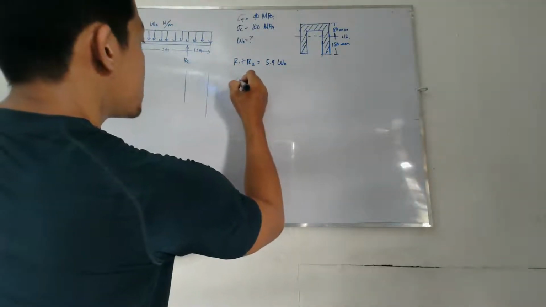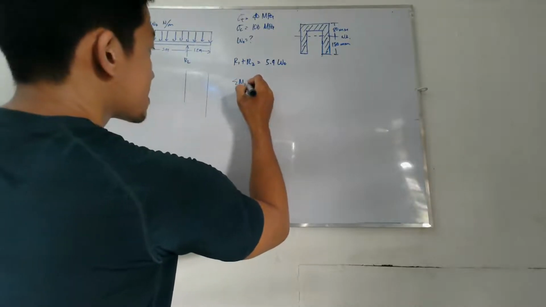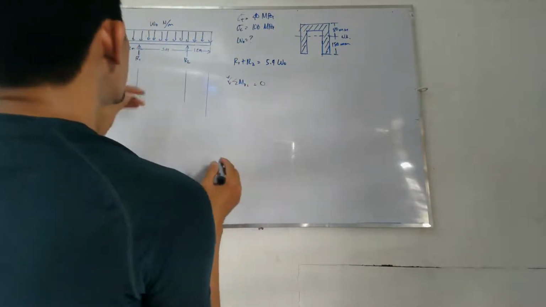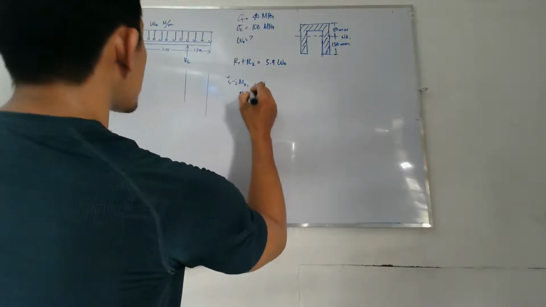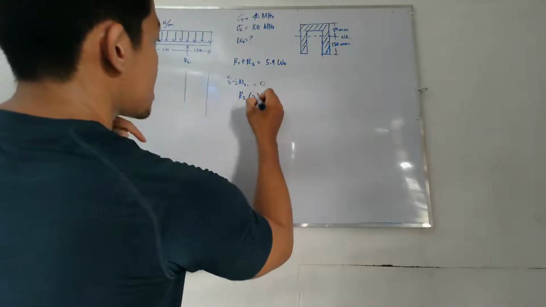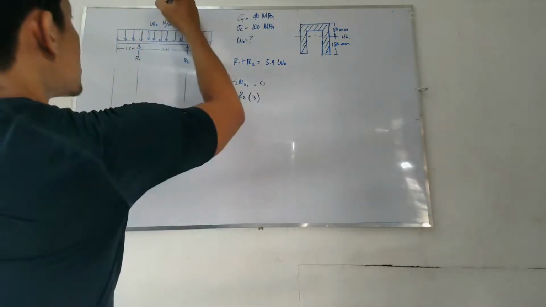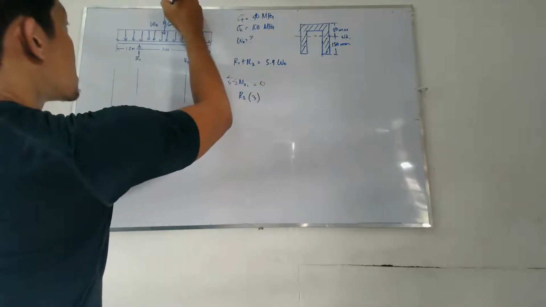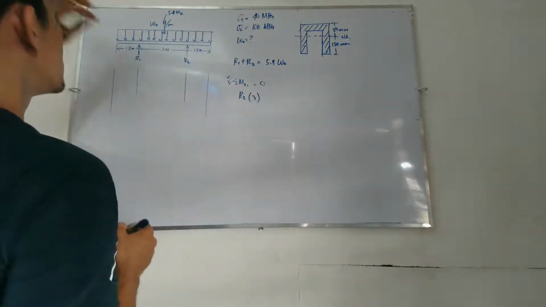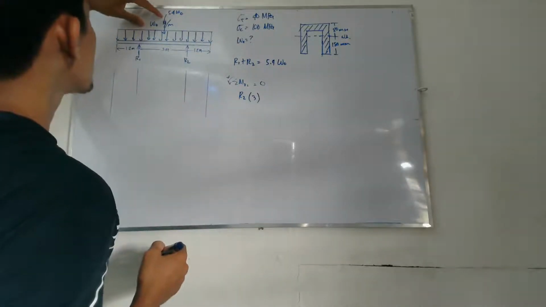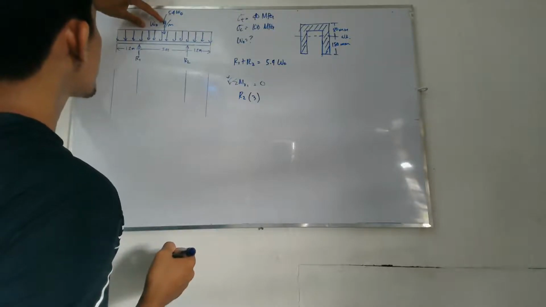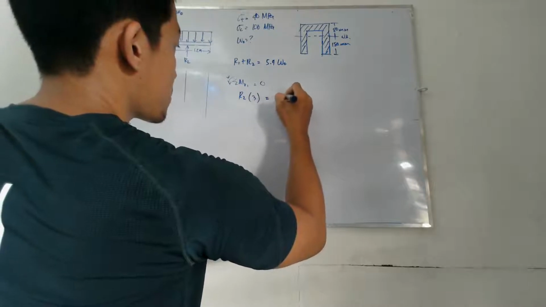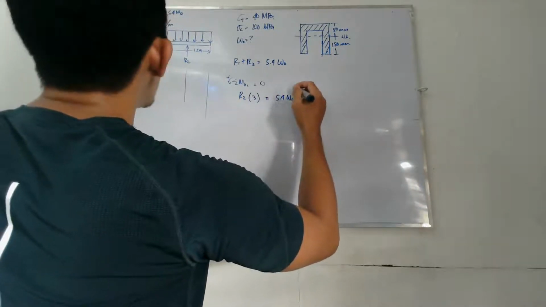Okay, summation of moment at R1, you have R2 times 3, and then ang total load ani na there is nga 5.4 omega O and then 1.5 times 1.5, okay, is equal to 5.4 omega O times 1.5.